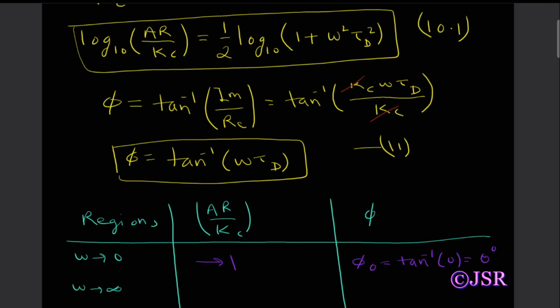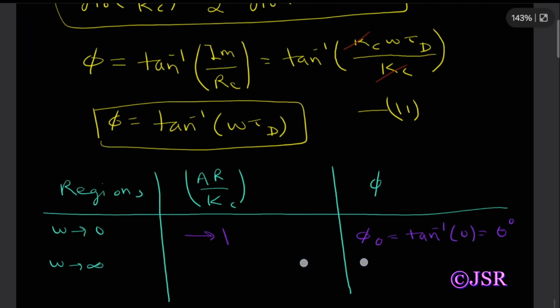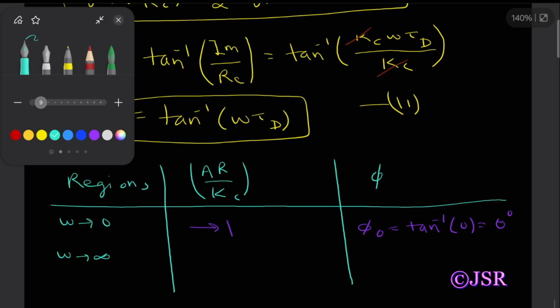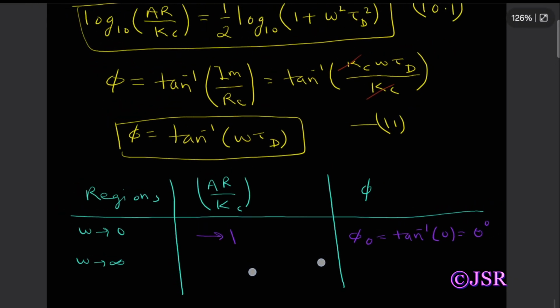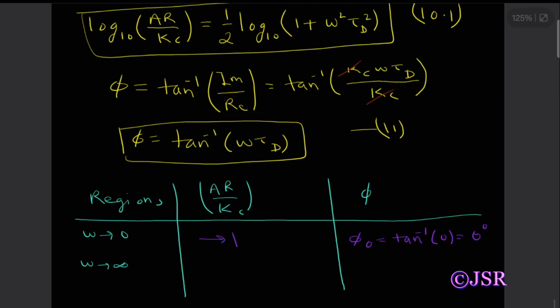So the first term will tend to 0, so we will have half log 10 omega square tau d square.